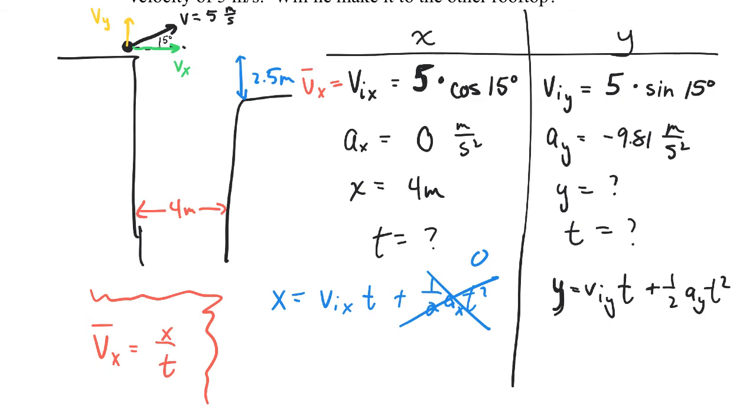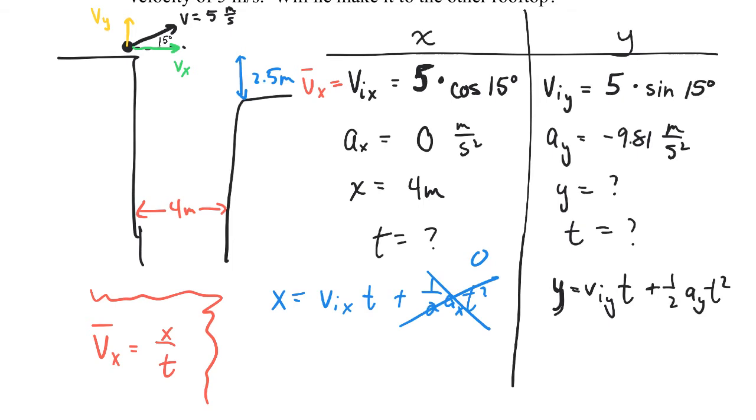Your velocity never changes in the x direction for projectile problems, ever. Because there's no acceleration, because of no what? We make the assumption of no air resistance. Very good. Air resistance would cause a deceleration. There is none that we're assuming, so we don't have to worry about it.